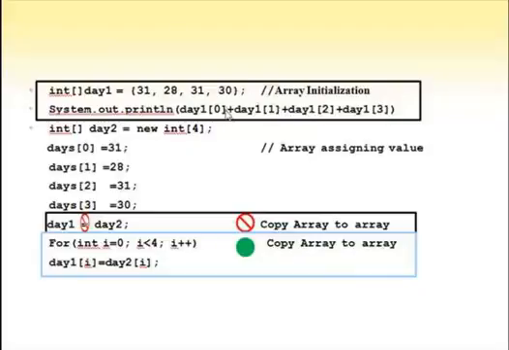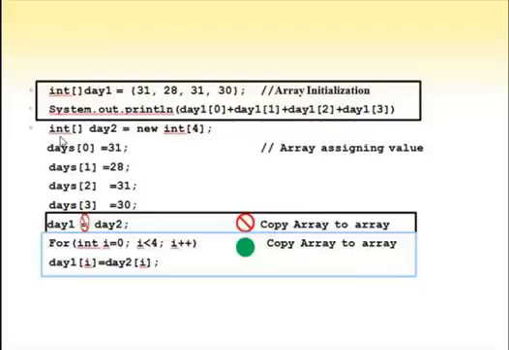So I declare an array, and it has the elements 0, 1, 2, 3. This is an array with the size of 4, containing index 0, index 1, index 2, index 3. So this is the format that we're going to use to initialize the array, one method.